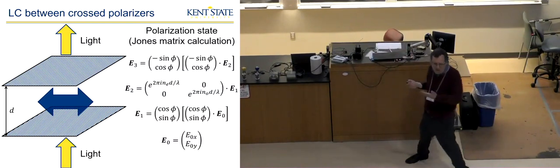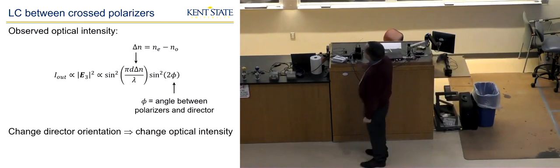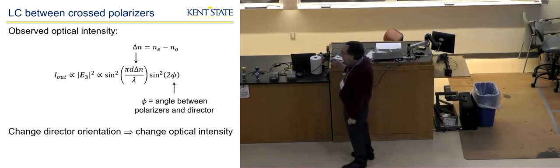If you just multiply out these matrices, you don't get zero, but instead you get a non-zero optical intensity, an optical intensity proportional to the electric field squared, which has this interesting dependence on two of the liquid crystal parameters.